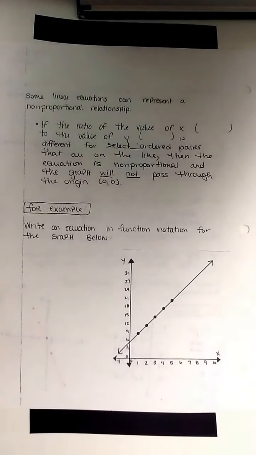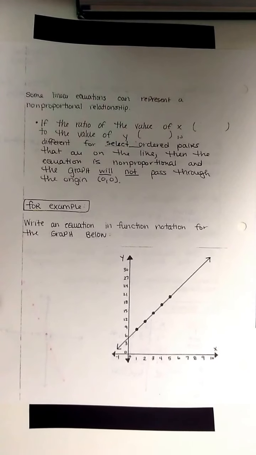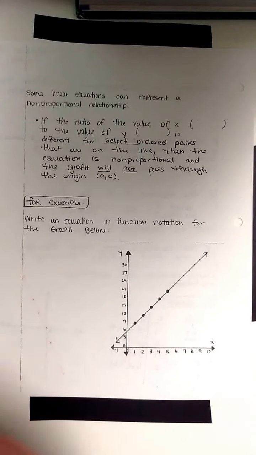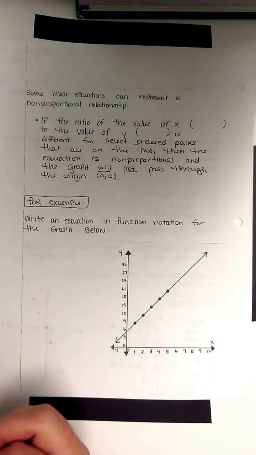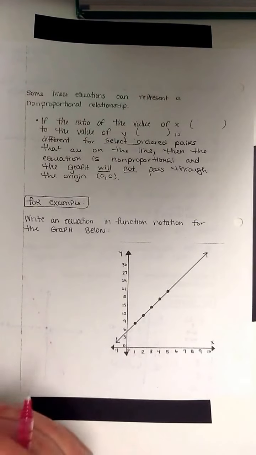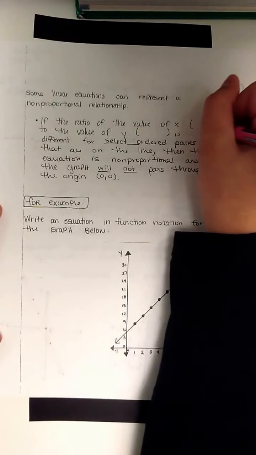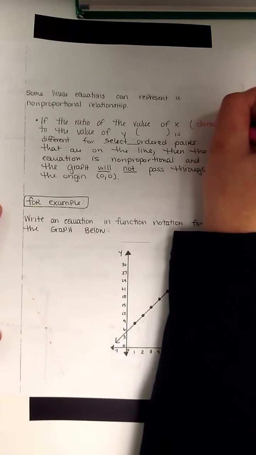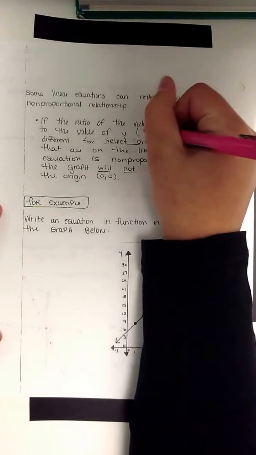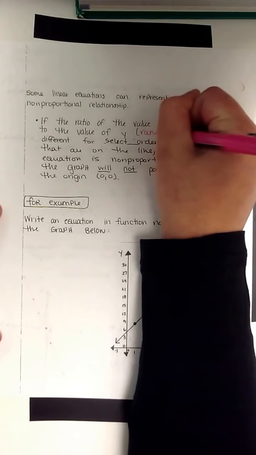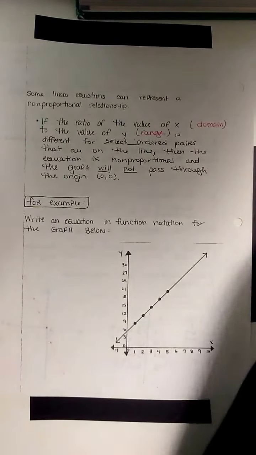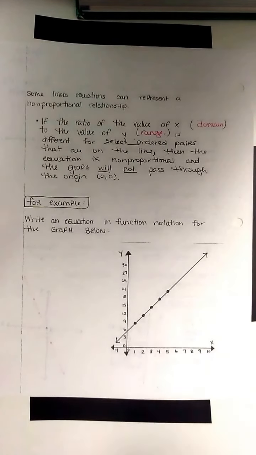Now let's turn to the back side of your notes. You're also going to turn the page in your book to page 196. Okay? Some linear equations can represent a non-proportional relationship. This is when the ratio of the x values, or the domain, to the value of y, which is also known as the range, is different for selected ordered pairs than on the line.